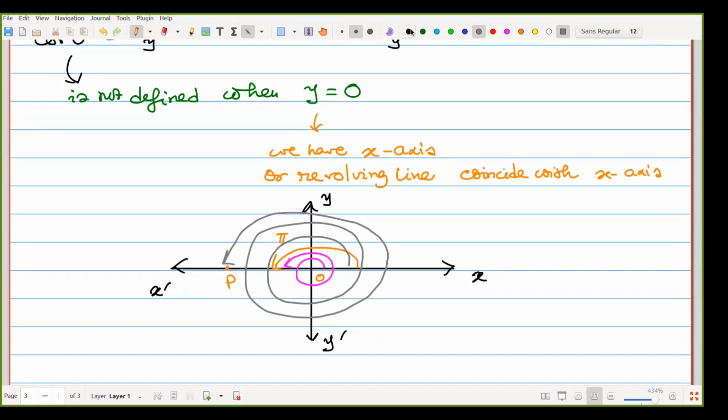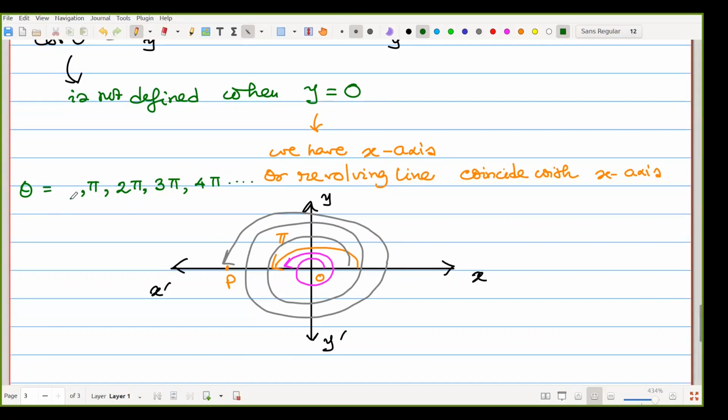So it may happen for theta is equal to pi, or 2 pi, or 3 pi, or 4 pi, in that way.